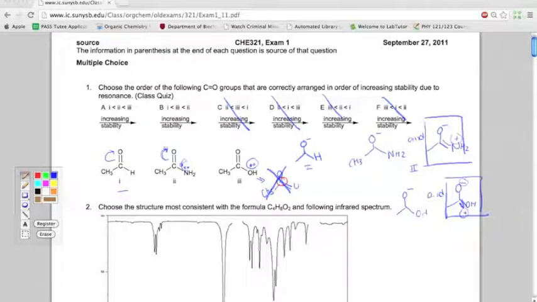Now we know based on our periodic table of electronegativity, oxygen is more electronegative than nitrogen, so oxygen would not want to have a positive charge. So this would be more stable than this, because the nitrogen is happier with the positive charge than the oxygen. So that is answer choice B.